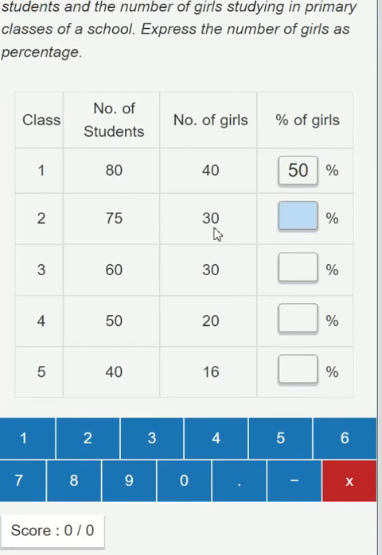Here we have 30 by 75 into 100. So 30 by 75, the common factor is 15. So we get 30 by 75 as 2 by 5. 2 by 5 is nothing but 40%.